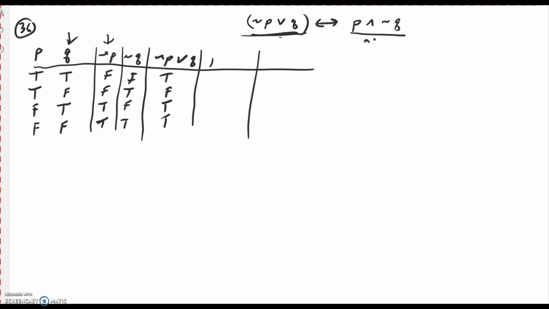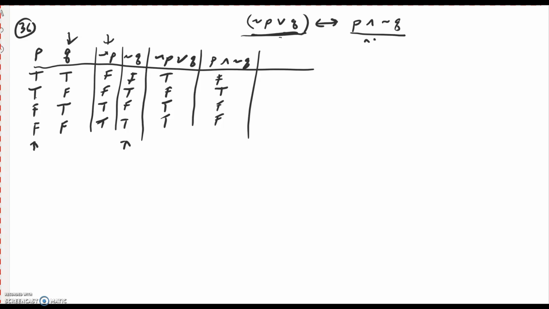So we have a false here and we have true everywhere else. Then we need a P and the negation of Q. A P is here. The negation of Q is here. We need an AND. The only way an AND can be true is if they're both true. So this one's true, both true, and everything else is false.